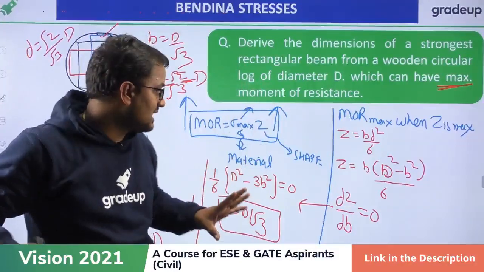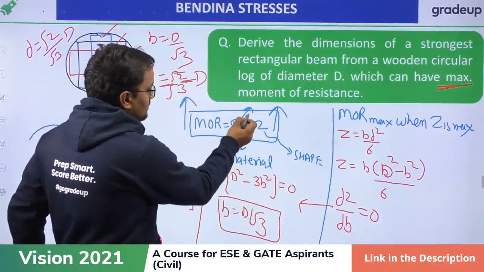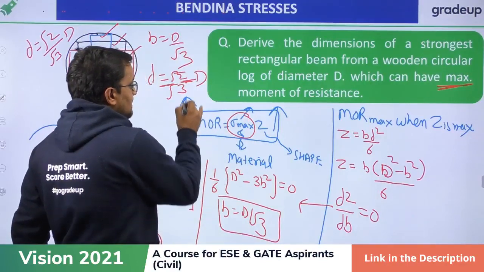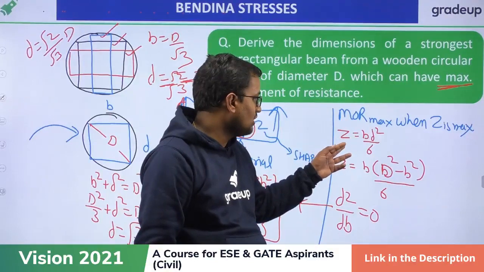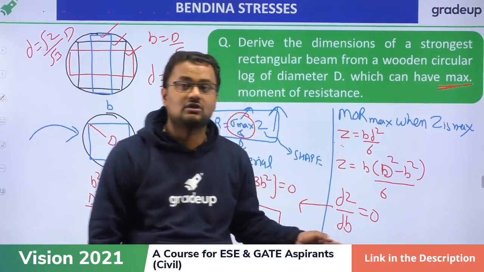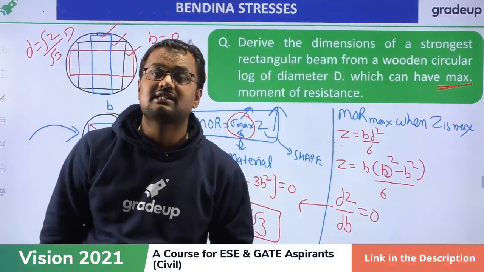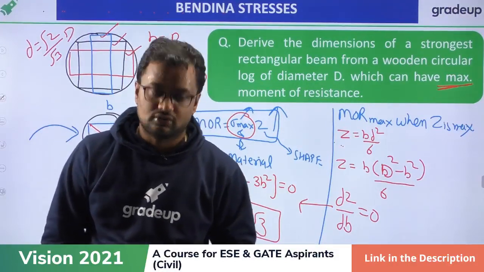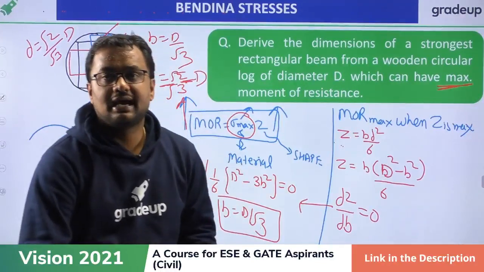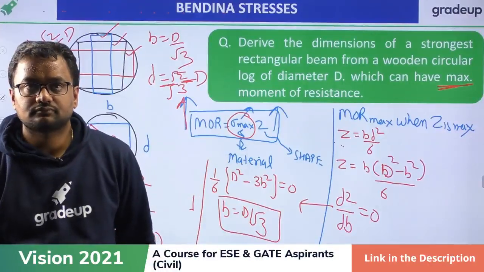So this is not changing. Moment of resistance is maximum when z is maximum, so for finding the maximum we put dz by db is equal to 0. Like we find the maximum value of y in our 12th class: dy by dx is equal to 0. Same like that. I hope all of you have understood.